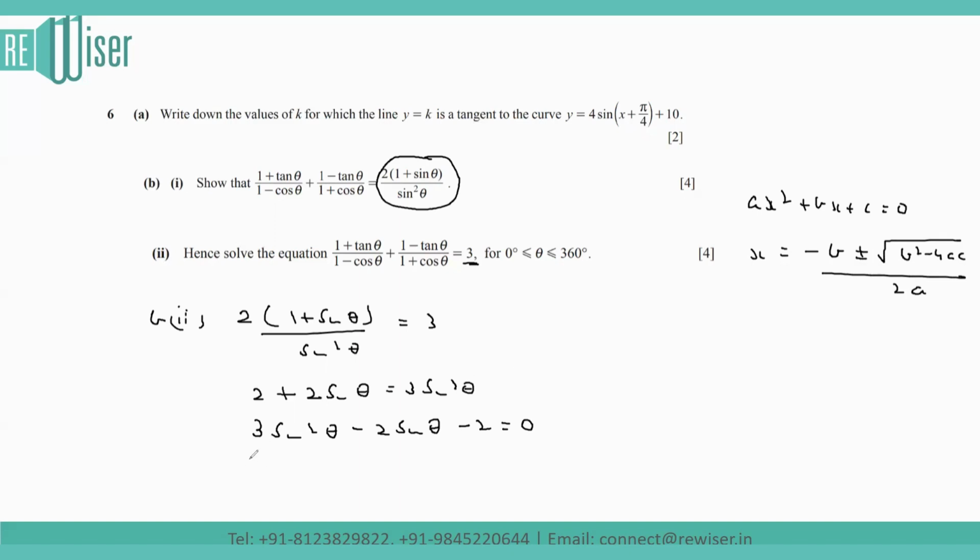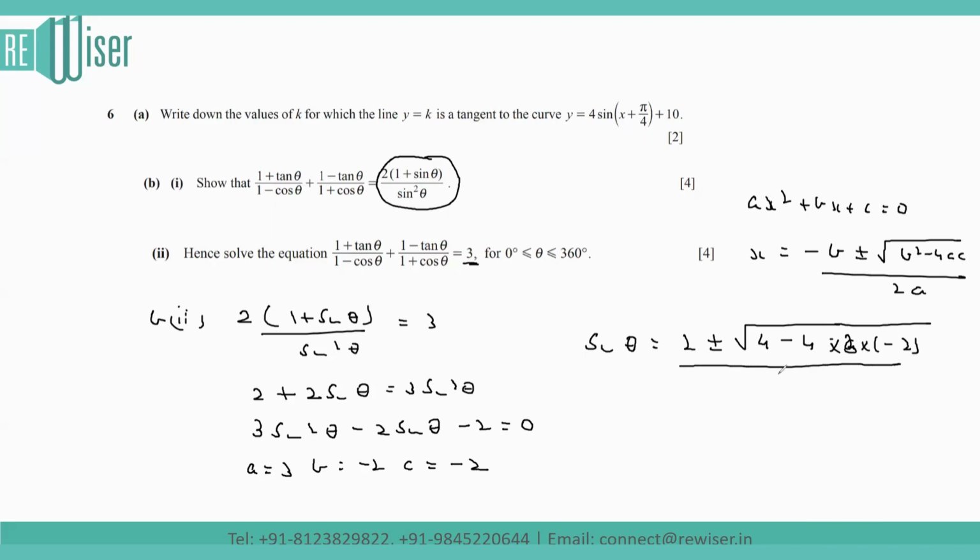Here the value of a is 3, b is minus 2, and c is minus 2. So the value of sine theta is 2 plus or minus root under b square, which is 4, minus 4 into a, which is 3, and into c, which is minus 2, divided by 6.